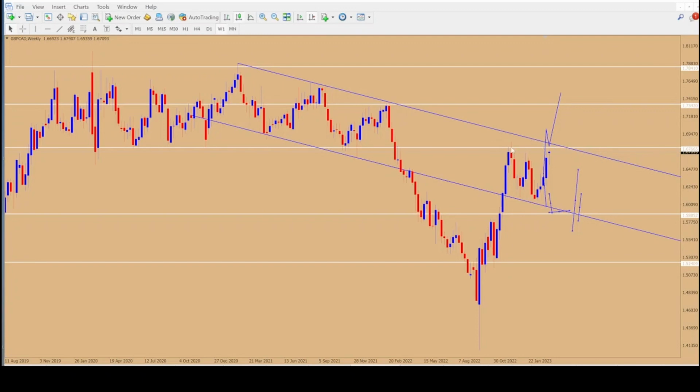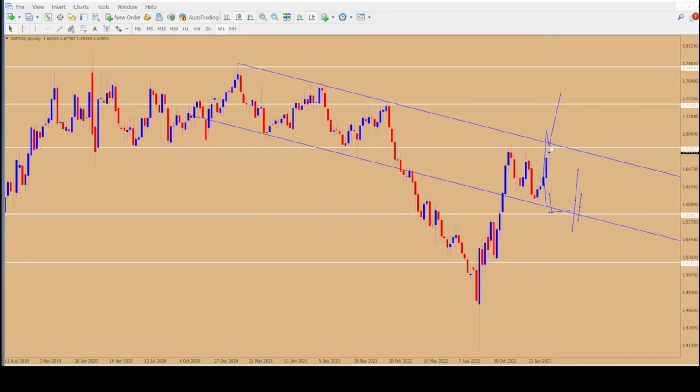Resistance rather. The market penetrates these resistances, yes, the diagonal and the horizontal, and closes below. I would expect to see bearish momentum coming, right?